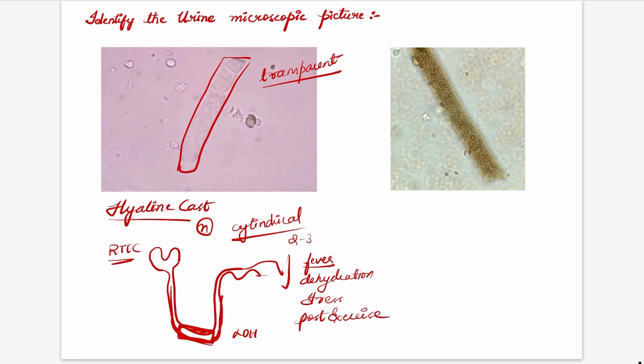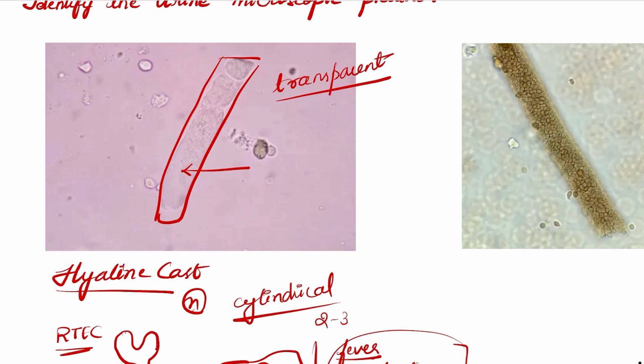Under these conditions, hyaline casts can be excreted in urine in excess quantities. The protein secreted by the renal tubular epithelial cells is called Tamm-Horsfall protein. It is an important protein to be remembered, Tamm-Horsfall protein.